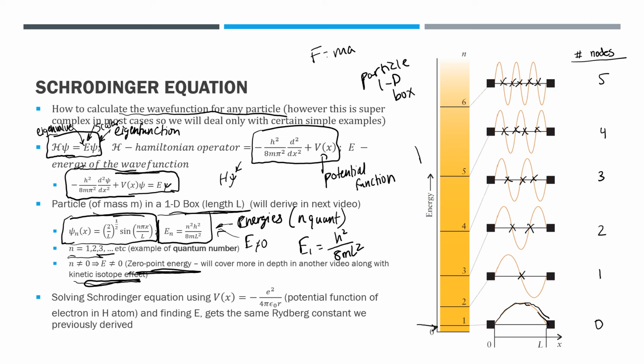This is an important concept: nodes increase by 1 with each increase in the wave function energy. And this is a common idea when we're dealing with molecular orbitals, especially. When we cover molecular orbitals later on, we'll see that the nodes increase by 1 when we go to higher energy levels. A molecular orbital is just a wave function that's describing electrons in a molecule.